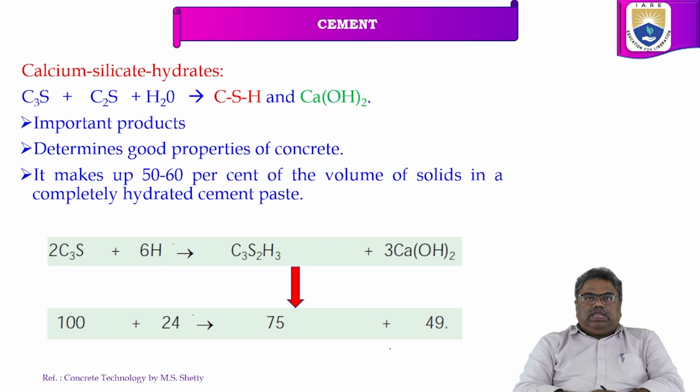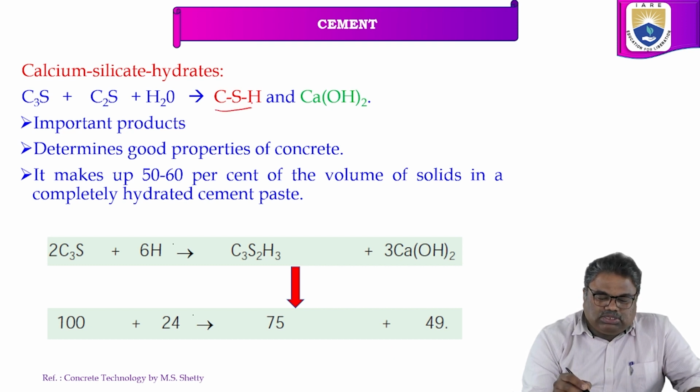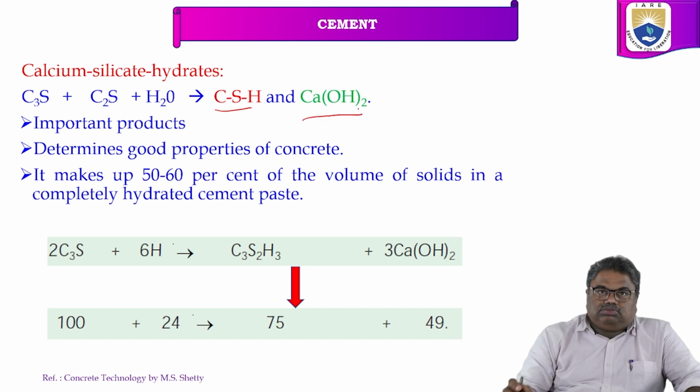Calcium silicate hydrates, as we have discussed in the previous slides. C3S plus C2S plus H2O, where H2O is water, is going to form CSH gel and calcium hydroxide.